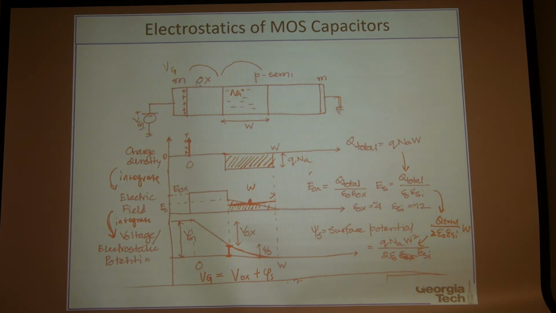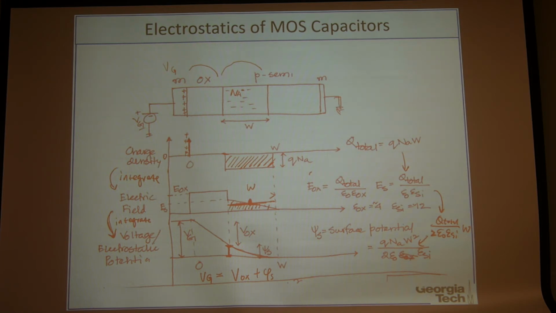So VOX is the voltage drop across this oxide. So the gate voltage you apply has two components. One is the VOX, the other is phi S, because you need to drop the voltage across the oxide first, and then the silicon, and then ground.